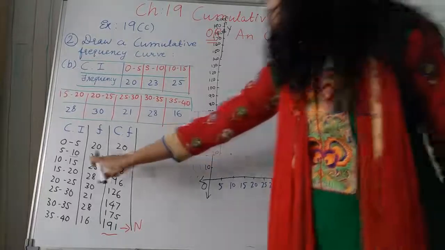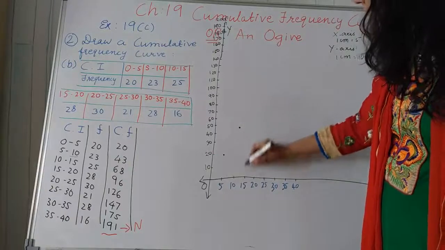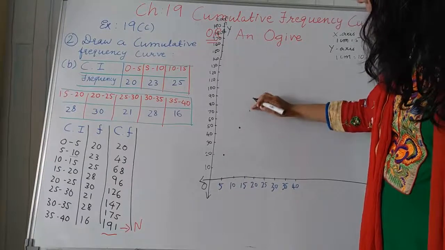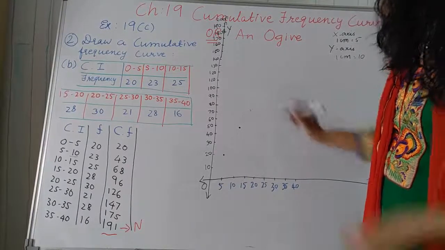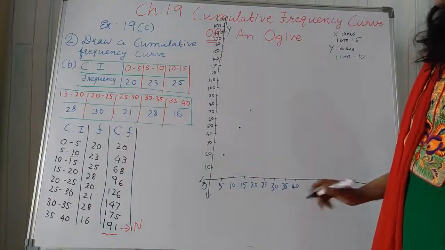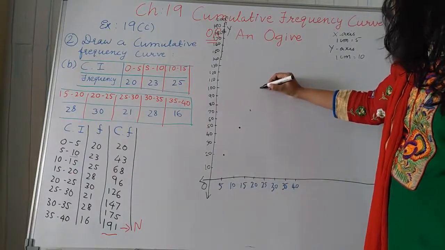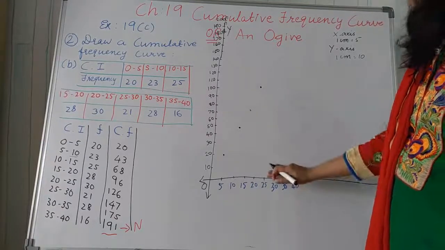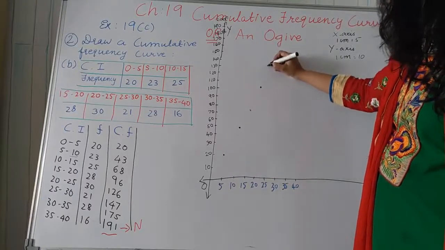Now the third is 15, 68. So 15 here in the straight line, 68, after 68 lines if you have a 10 by 10 graph page. Next is 20, 96. 20, 96 here. After 6 lines you will get 25, 126. 25, 126.